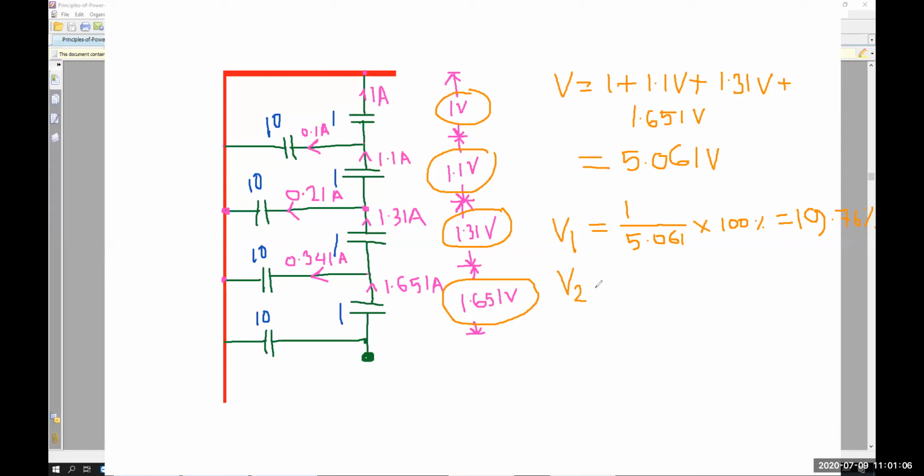What about V2? V2 will be 1.1 divided by 5.061 into 100%. So how much? 21.73.